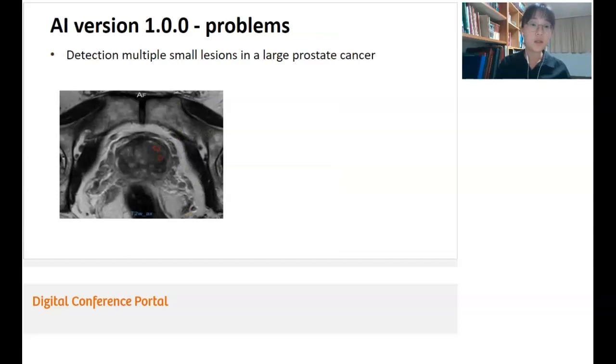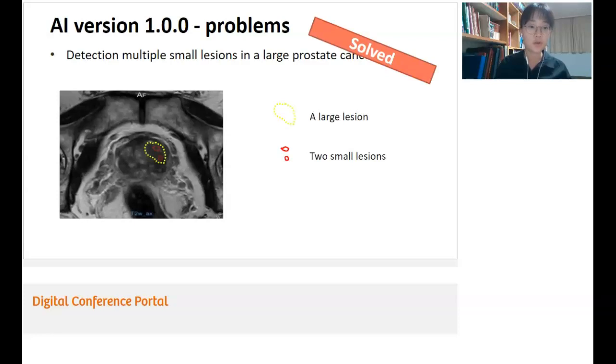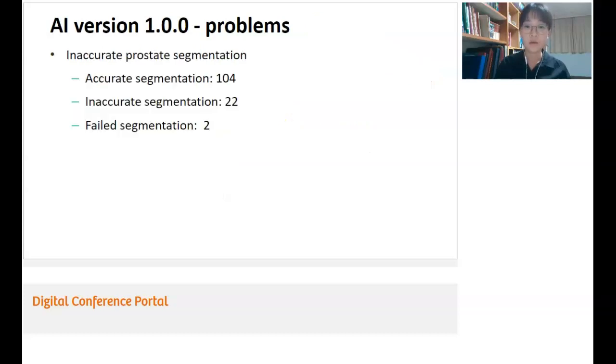I tested the early versions of AI prostate. In the first versions, there were some problems. First, a few small lesions were detected in a large prostate cancer. This problem was solved in the later version. Inaccurate prostate segmentation was observed in more than 17% of patients.